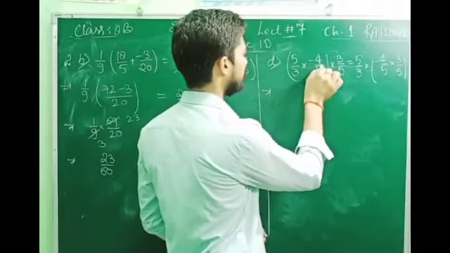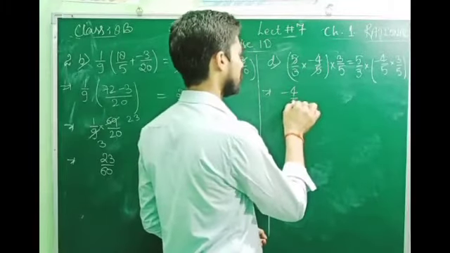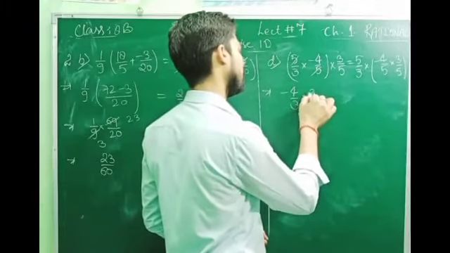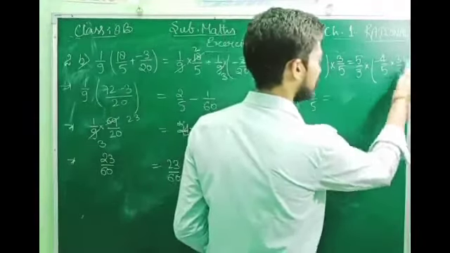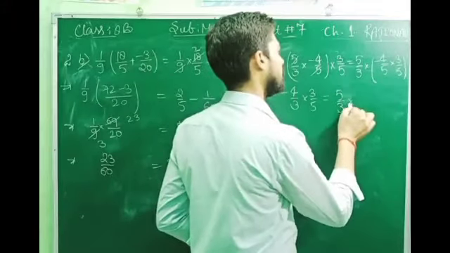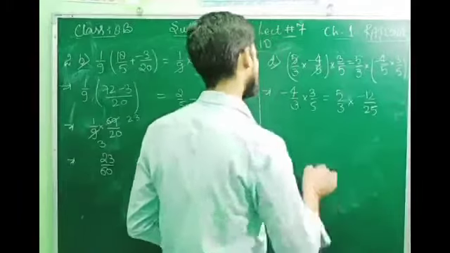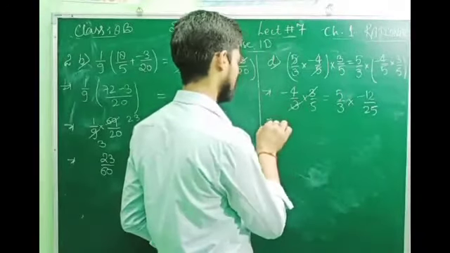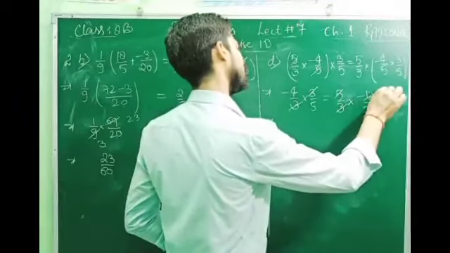So here 5 will divide 5, you will get minus 4 by 3 multiplied by 3 by 5. Here nothing can be divided, so 5 by 3 multiplied by minus 12 upon 25. 3 will divide 3, 5 will divide 5, 3 4s are 12.